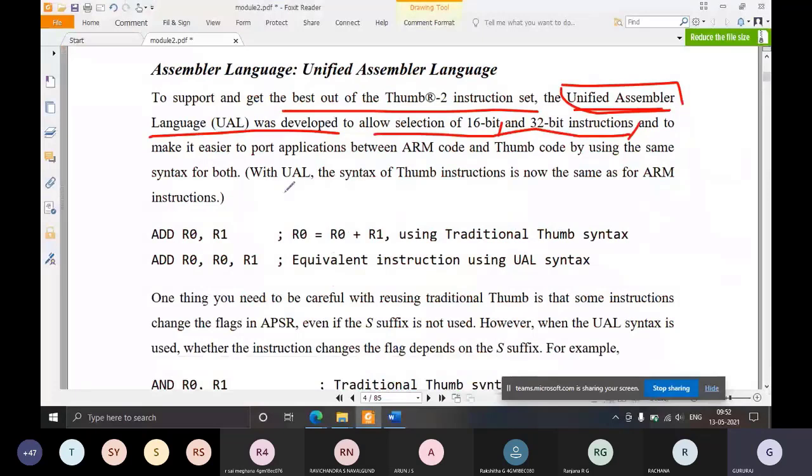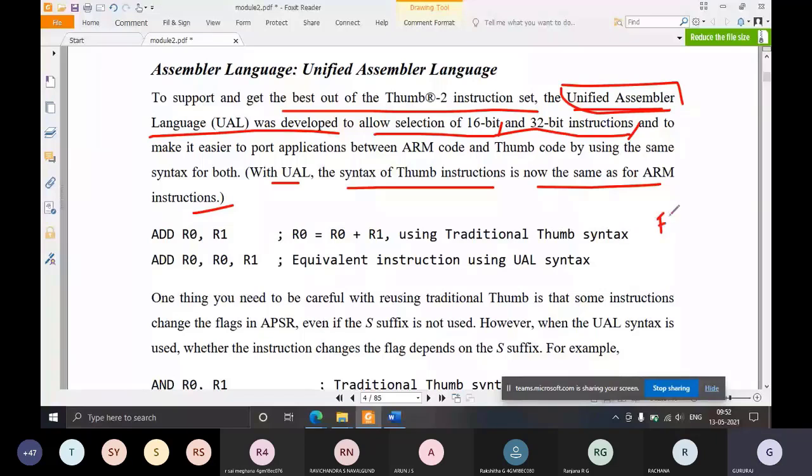So with UAL, the syntax of Thumb instructions is now the same as ARM instructions. It will make the instruction format common, as well as allow you to do more selections. You can select between 16-bit and 32-bit, or you can select whether you want to update the flags or not.